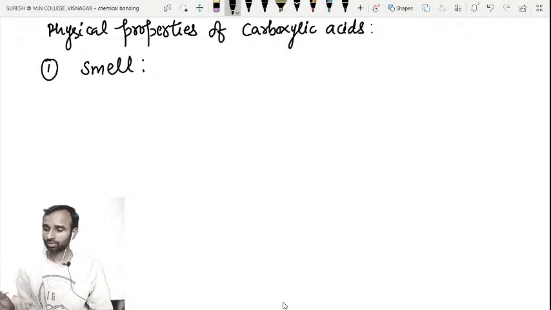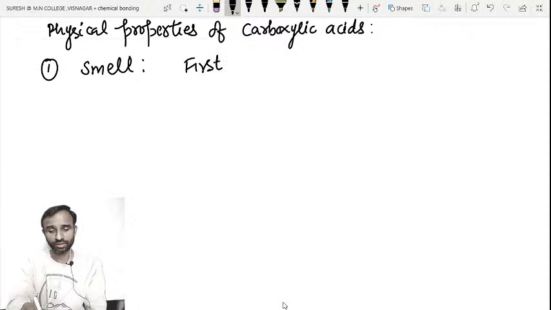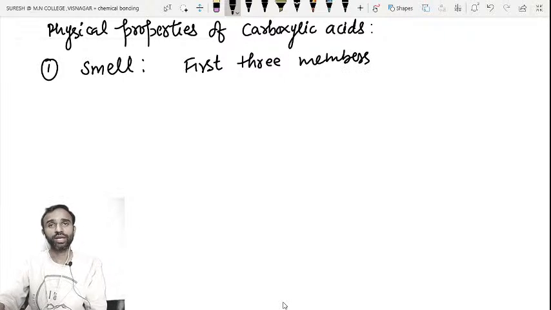Okay, so as per this, carboxylic acids, first three members, what are their names? Can you tell?